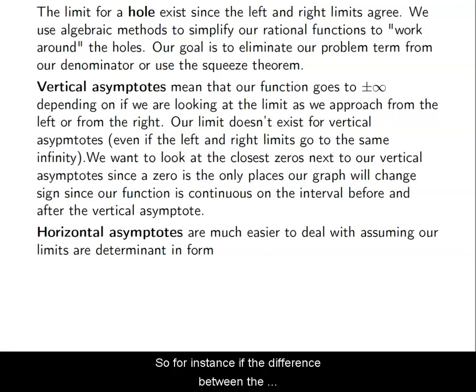So for instance, if the difference between the numerator polynomial and denominator polynomial is 5, then my rational function acts like a 5th degree polynomial in the long run.